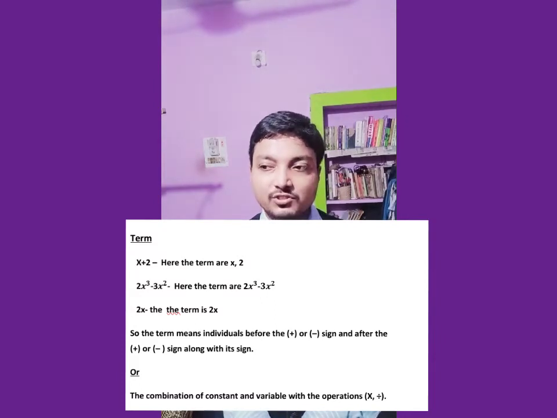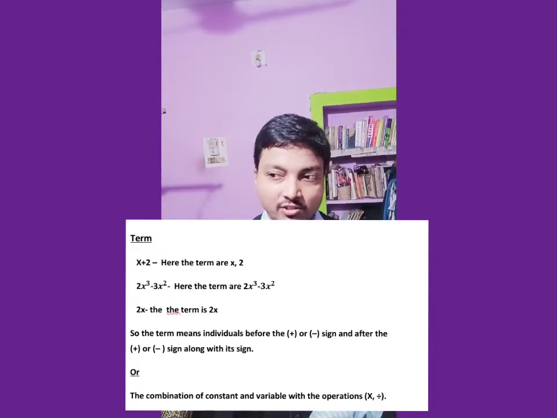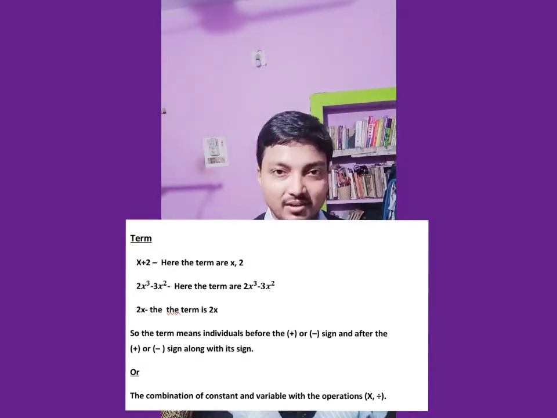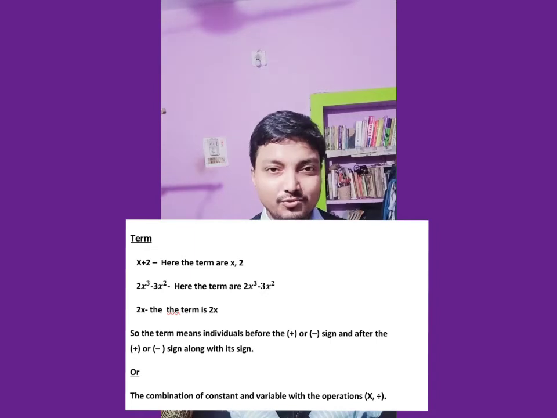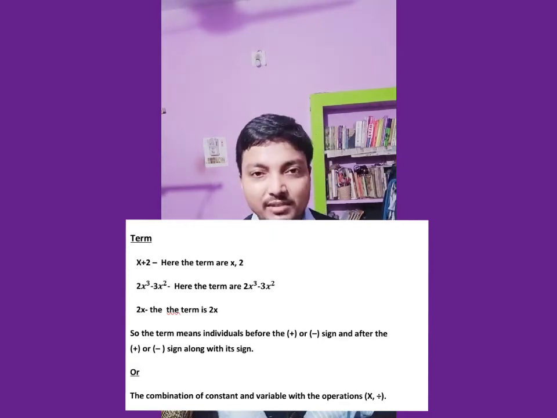In the next case, 2x cube minus 3x square, before the minus is 2x cube and after the minus is 3x square, which with its sign is minus 3x square. So 2x cube and minus 3x square are its two terms. The last one is 2x, the single one, so it is one term.